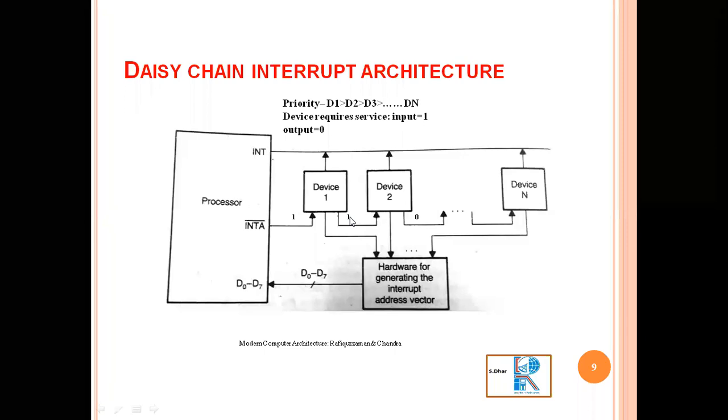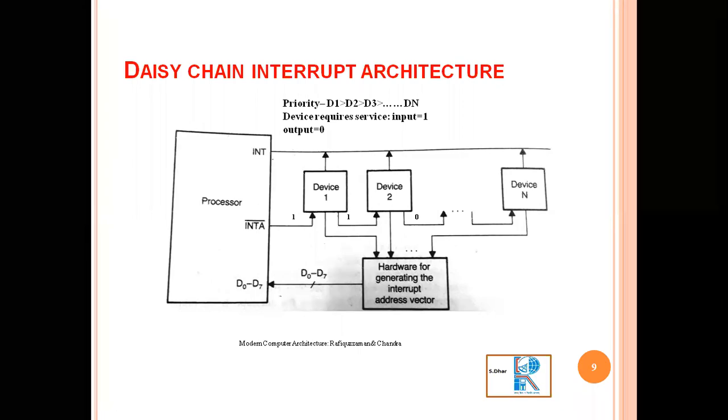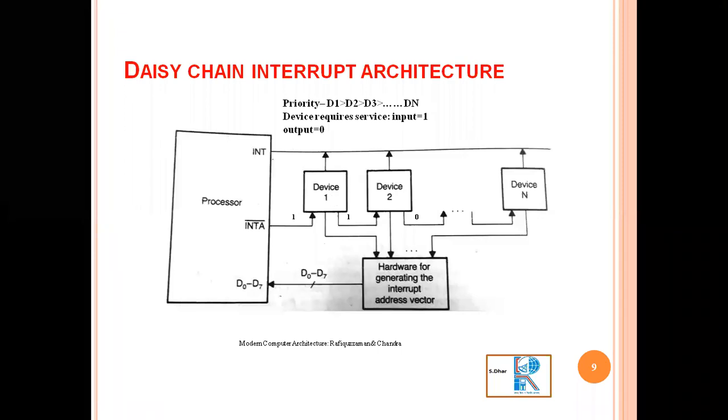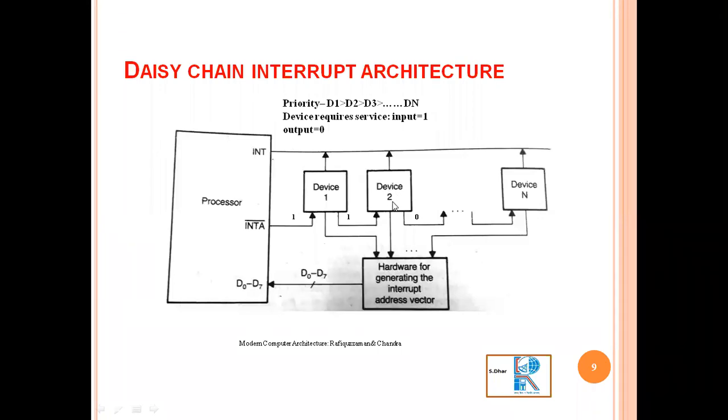When the output is 0, what will happen? Device 2 has to stop its service, because device 2 is working now, but another higher priority device has come, and that higher priority device requires the service from the processor. In this way, it will break the service of device 2 and device 1 will go. In this way, the priority is designed.